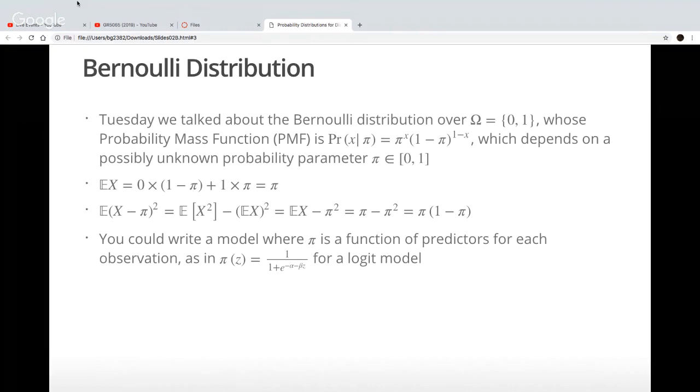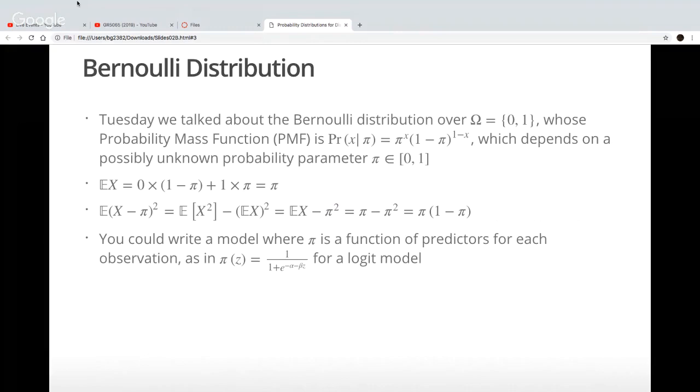So if x can only be 0 or 1, x squared is equal to x in this case. So expectation of x squared is the same as the expectation of x, which is pi. And then we subtract off the square of the expectation, which is pi squared. And you can factor that to get the variance as pi times 1 minus pi, or success probability times failure probability. That is the variance of a Bernoulli random variable. Everybody see how we did that?